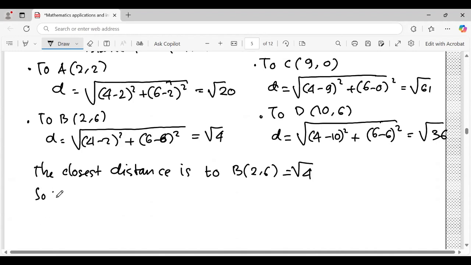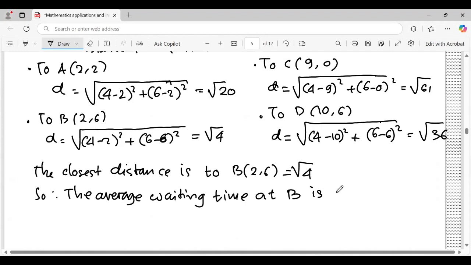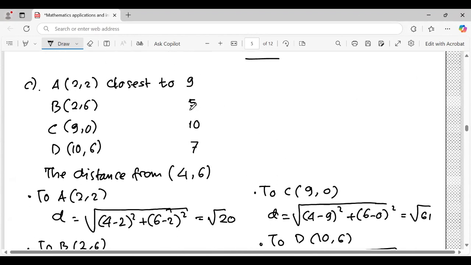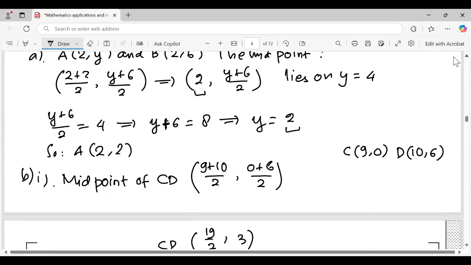So we can state that the average waiting time at coordinate point B is 5 minutes based on this information. B, 5 minutes. Okay, next question.